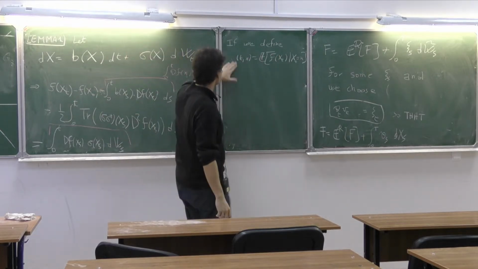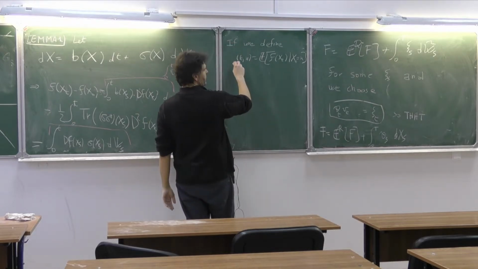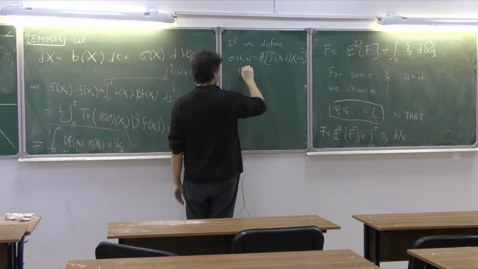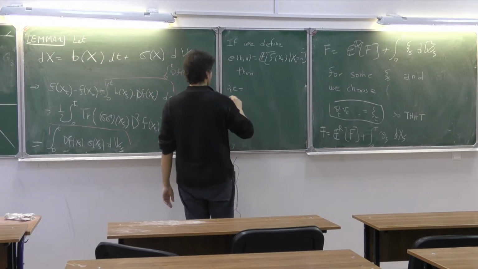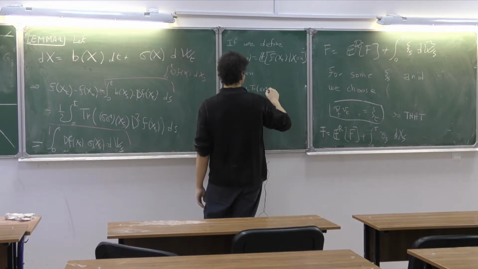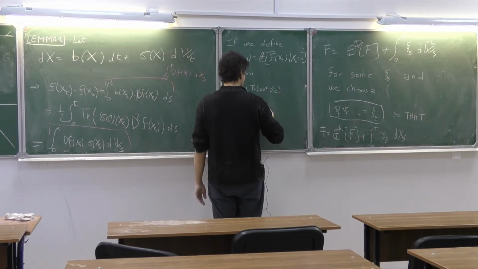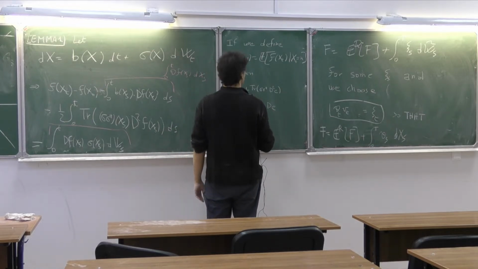Let's not call it u, let's call it E. Then dtE is equal to 1/2 the trace of sigma, sigma adjoint, d2E plus b dE, and E of 0 and x equals f of x.